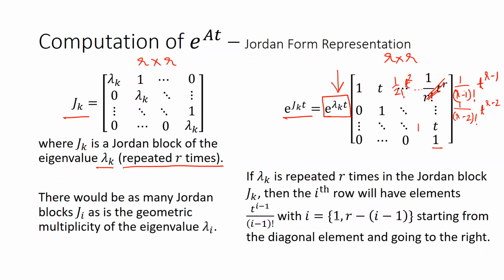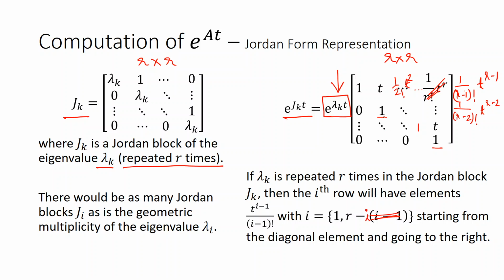So if it is the second row, then it will have from t to the power of 0, which is 1, and it will go till r minus i, starting from the diagonal element.